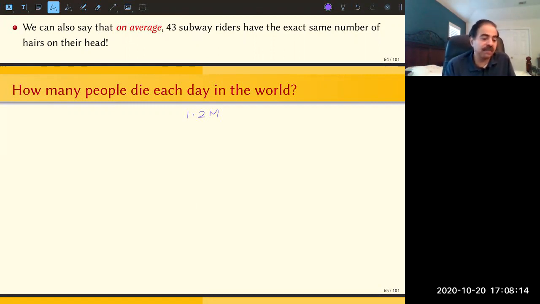So we want to understand, for instance, how many people say die of natural causes, say in 6 months, right? So how would we go about answering that? Anybody wants to try? How many people in the world die of natural causes every, say, 6 months, which is roughly the time the pandemic has been with us?